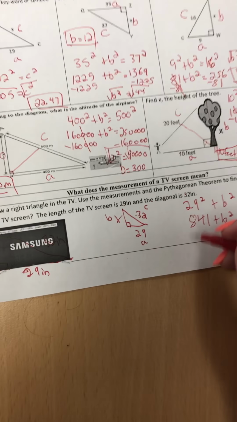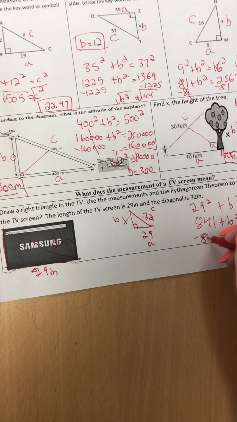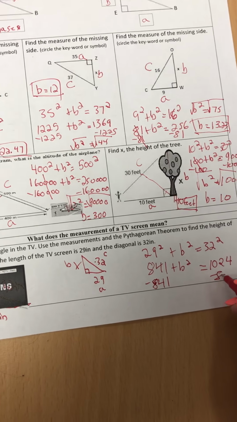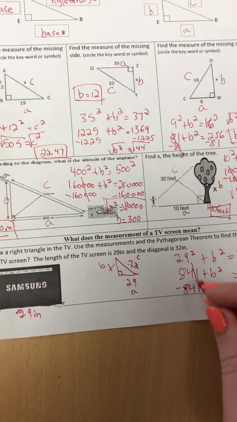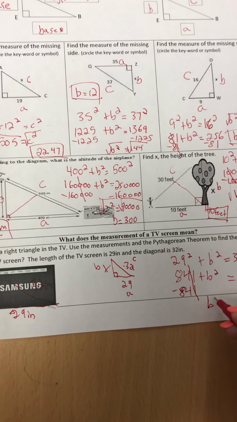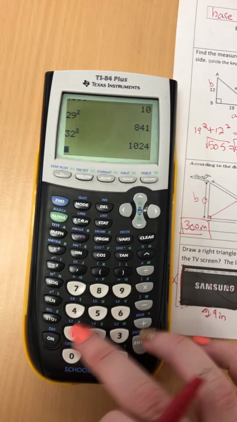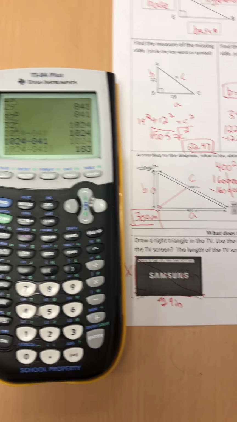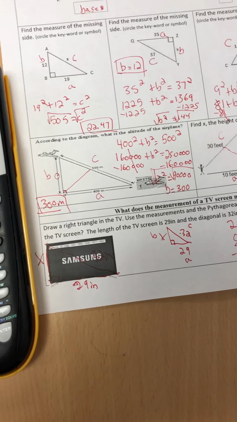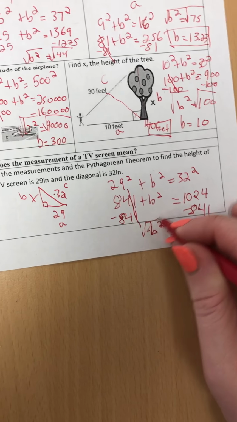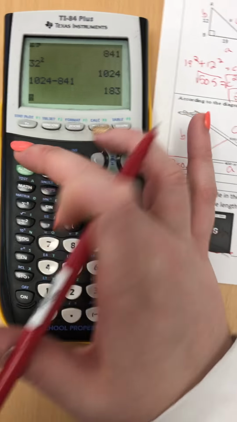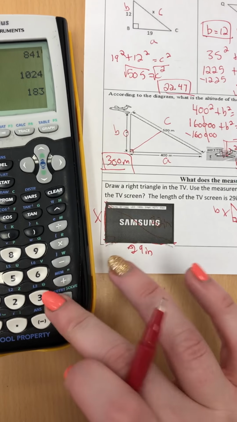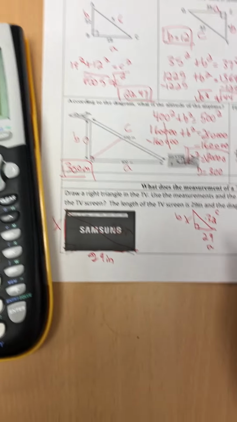And then we're going to subtract this number on both sides. Okay, but again, we're looking for B, so I'm going to have to square root this. And we get 13.53 with rounding.